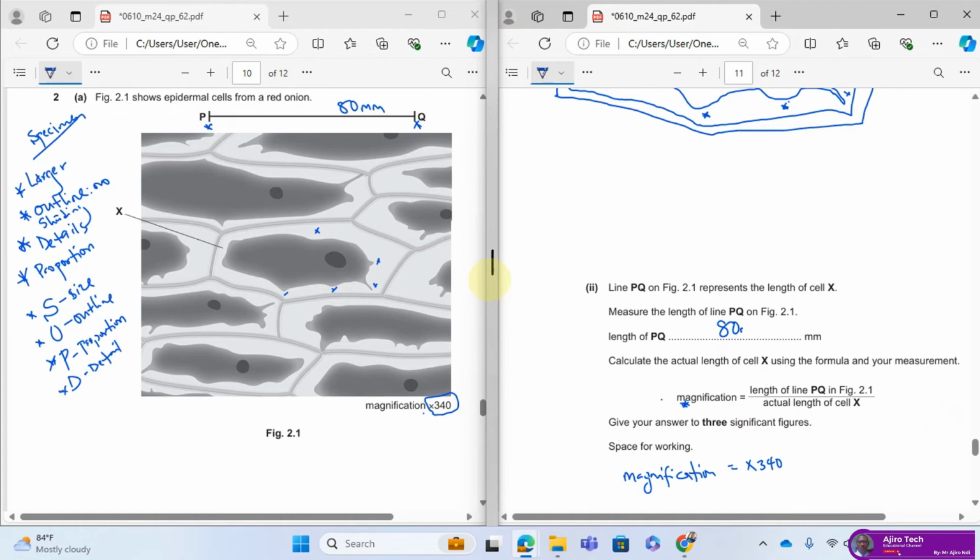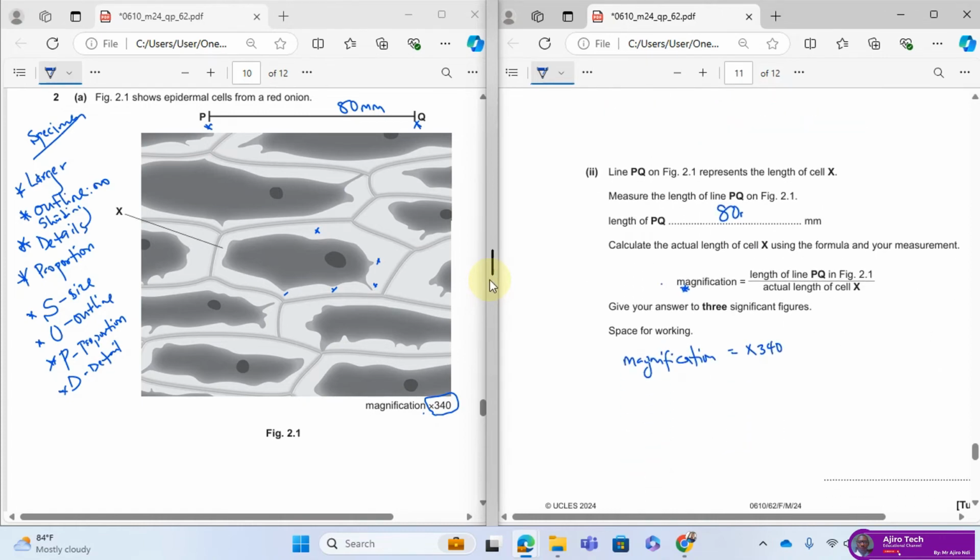So using the formula, we need to know the actual length. We know that magnification is image size over actual length. The image size from the original diagram that we've measured is 80 mm. So we need the actual size. Actual size becomes image size over magnification. So we have 80 over times 340, and that's around 0.235 or thereabouts. Let's assume it's 0.235.